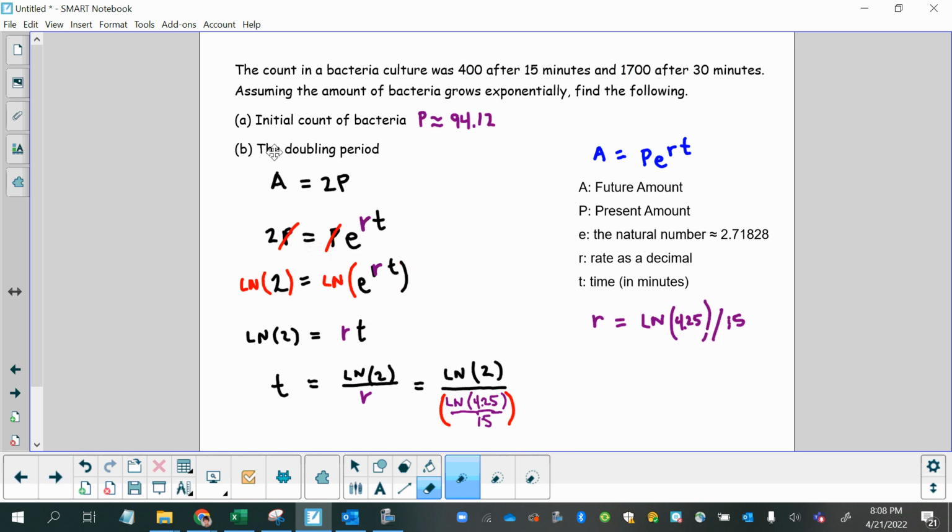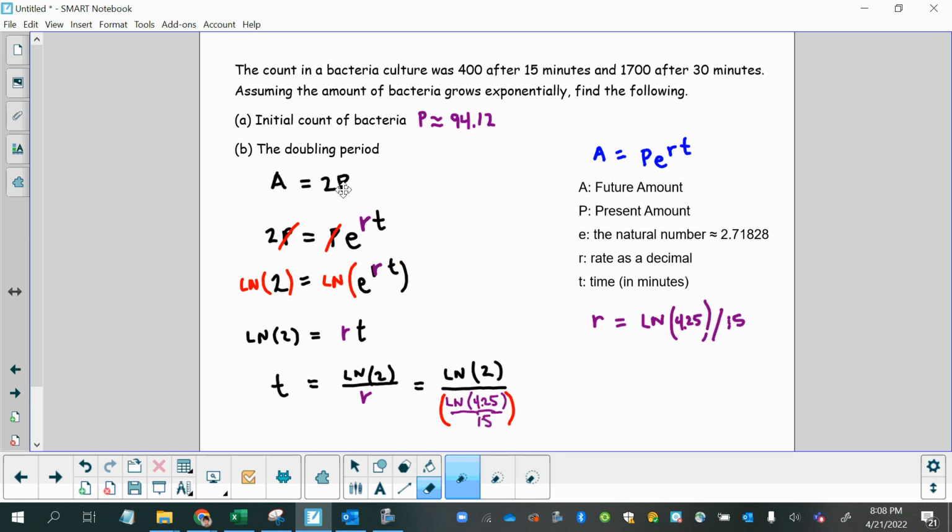The next one says find the doubling period. Okay, so when your bacteria will double, when will that be? How long will it take? In other words, you're going to ultimately want to solve for T. But you use the fact that they're talking about doubling. And that means that in general, your future amount will be equal to twice the principal or present or beginning amount.